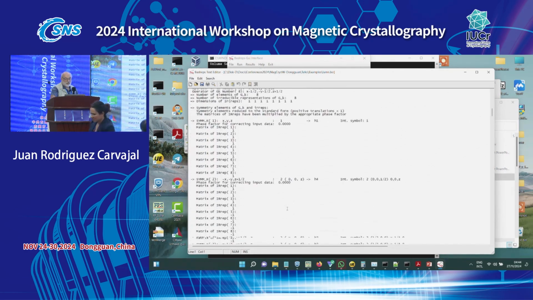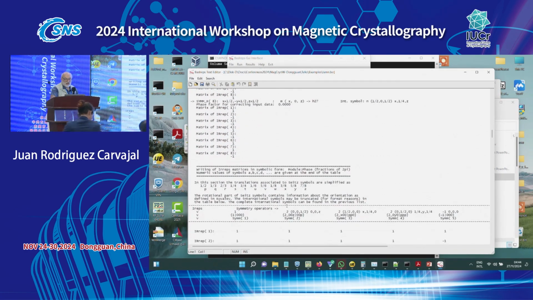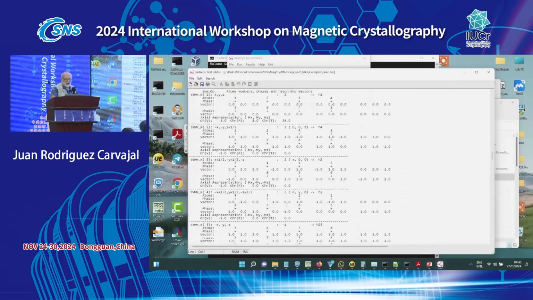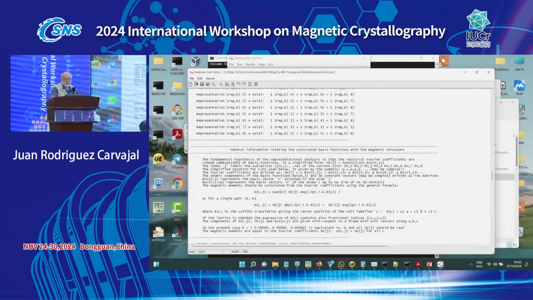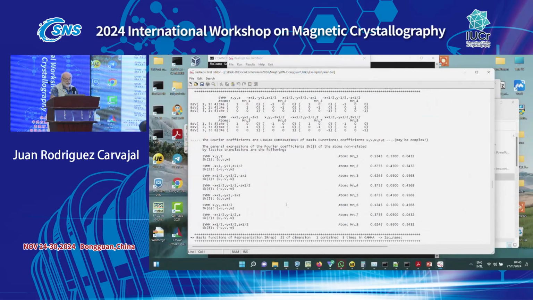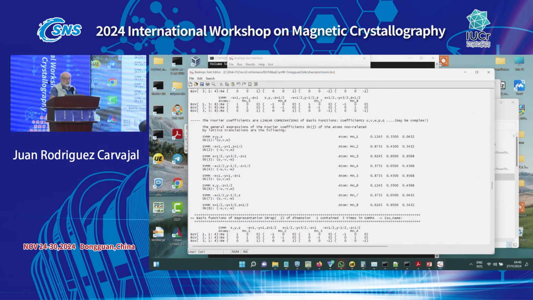Why? Here we see now the full set of symmetry operators of the space group, and here you have the UVW that correspond to the rotations of the magnetic moments.